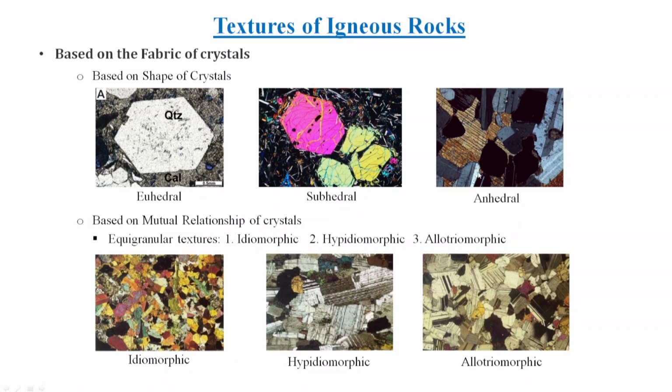Some plagioclase grains you can see here as well, which are anhedral because the grain is going here, going down here, there is no particular geometry of that plagioclase grain. So, I will group that under anhedral crystals, talking about individual mineral grains.